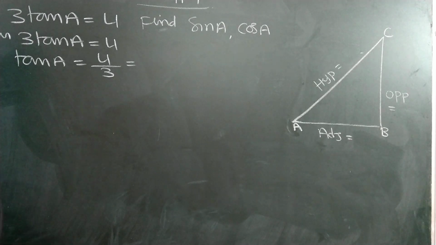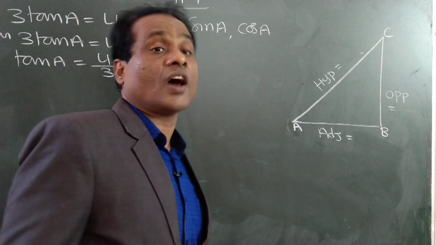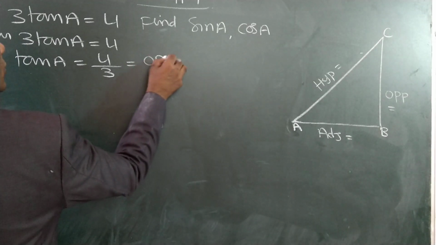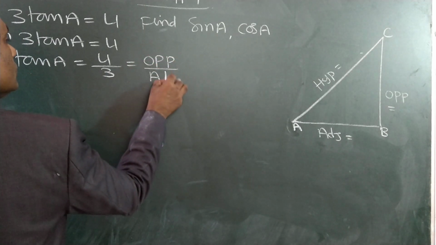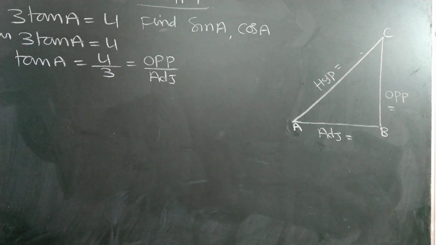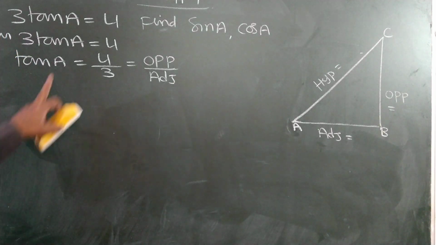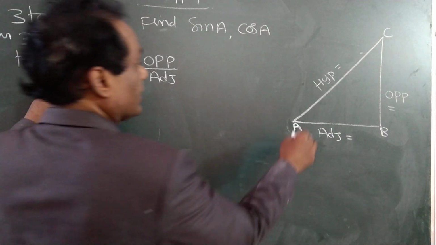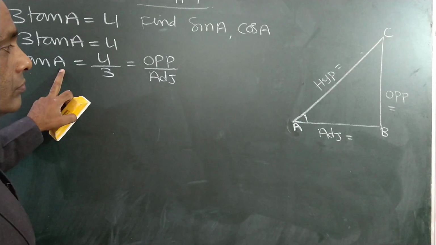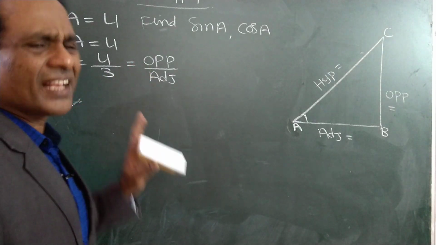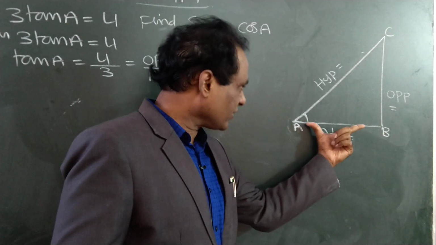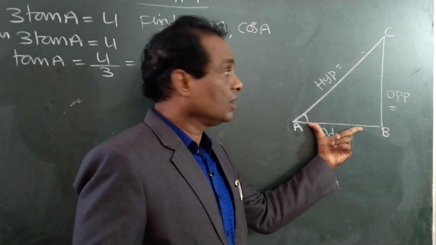See the tan A definition. See the formulas. What is the tan A definition? Opposite by adjacent. A means which angle? This angle. So instead of just writing opposite and adjacent, let us write the sides in full. This adjacent side is AB.